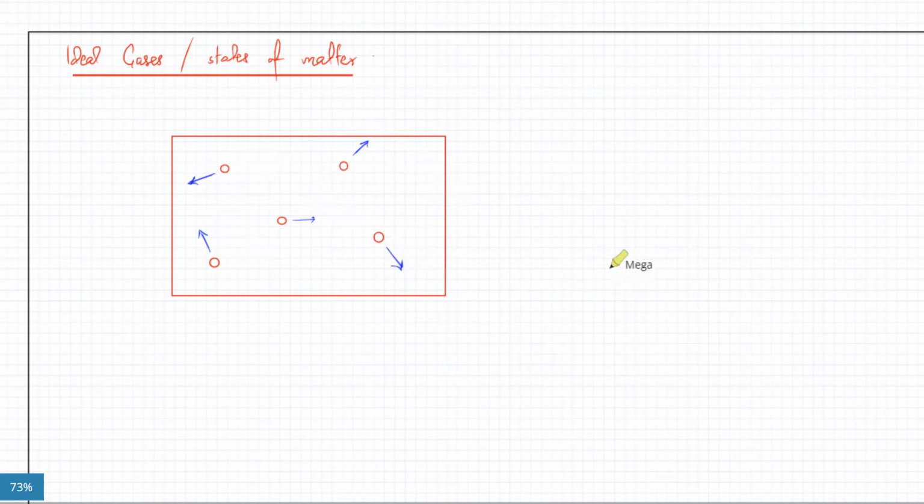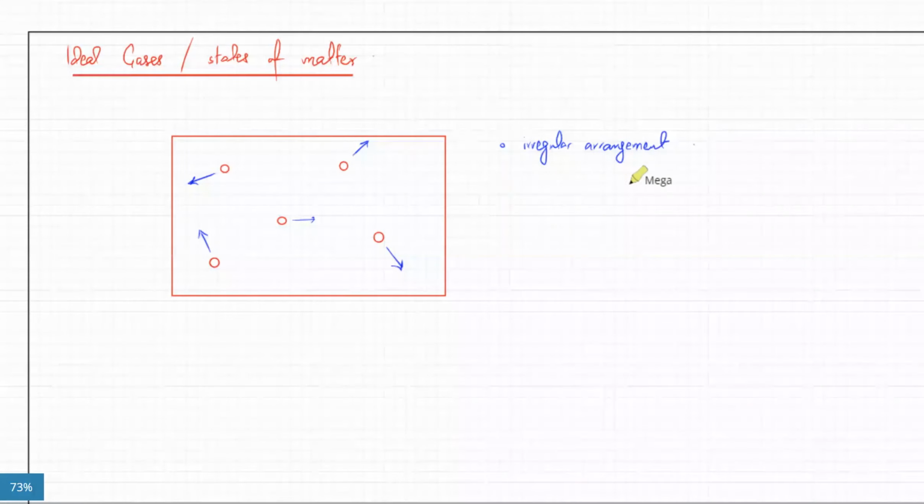So the first thing we're going to study is what you studied in O-levels about gas behavior. What is the arrangement? It's an irregular arrangement. How are the particles arranged?